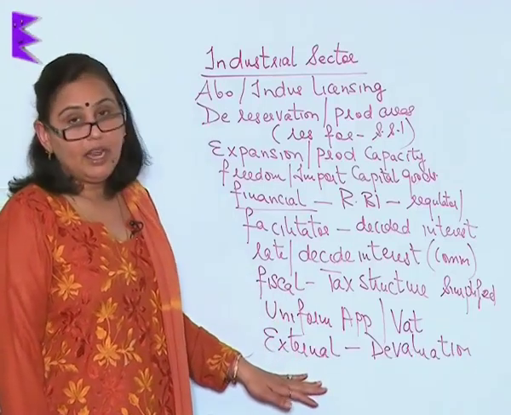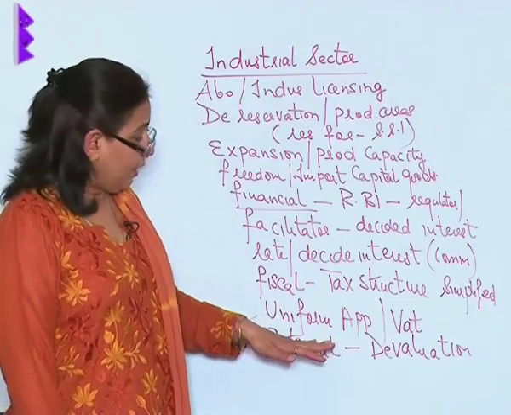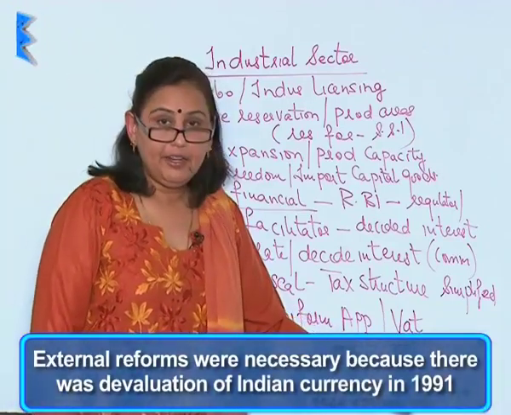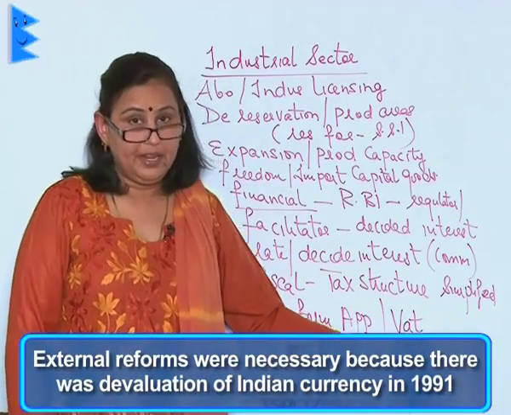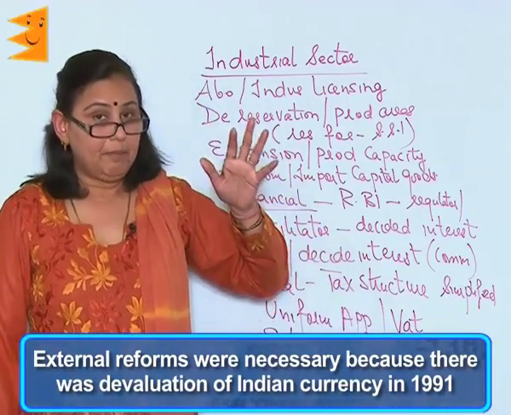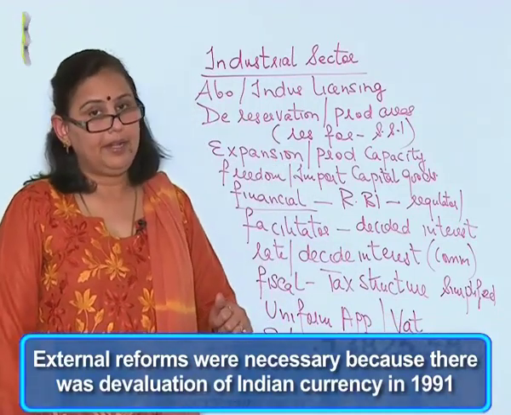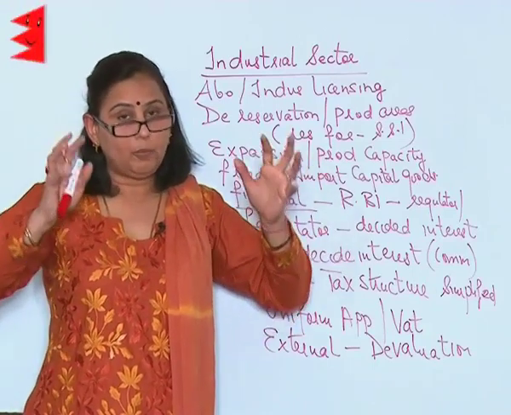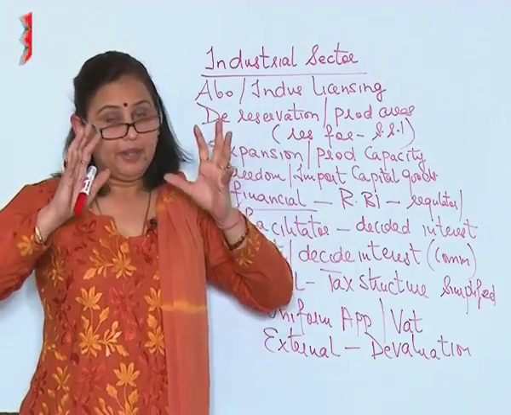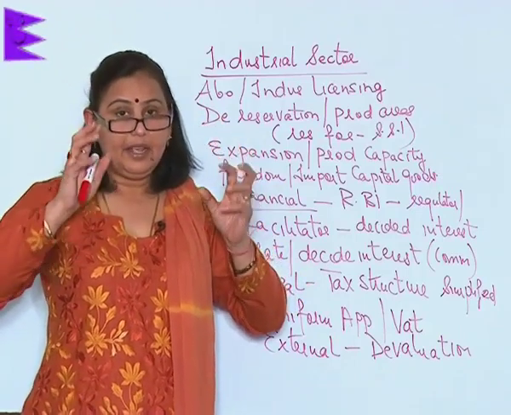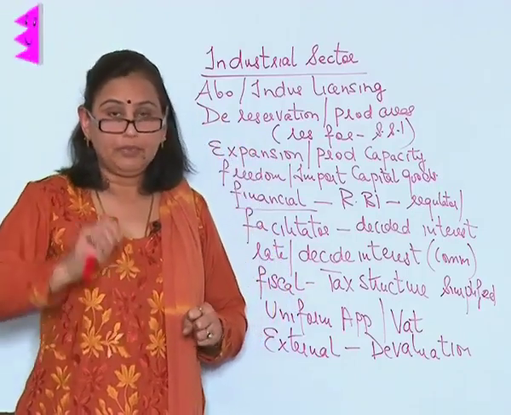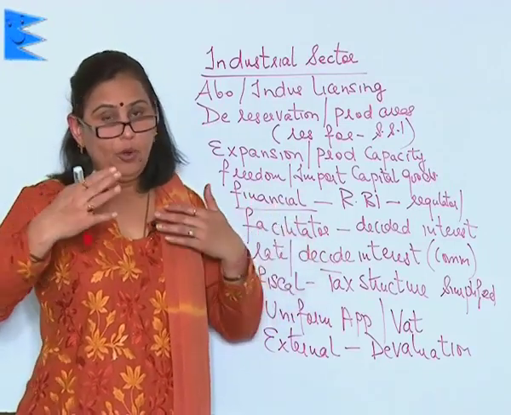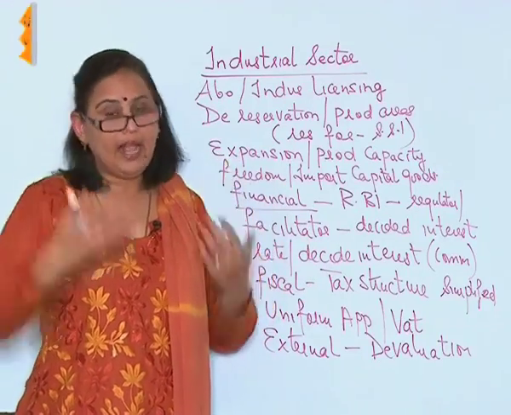The next reforms are the external reforms. External reforms were necessary because there was a devaluation of the Indian currency in 1991, giving a big jerk to the Indian government. Therefore, the earlier policy of just protecting the Indian domestic units which were producing has changed; now there is a free flow, that is, there is good trade, both export and import.